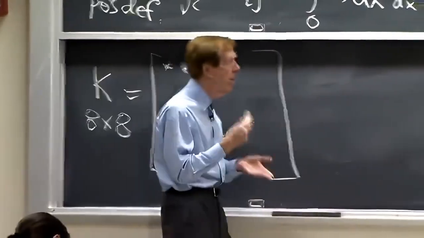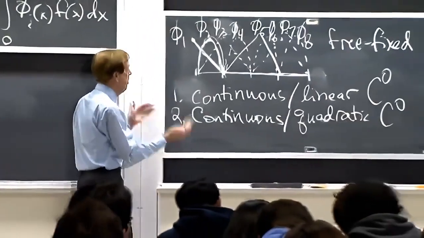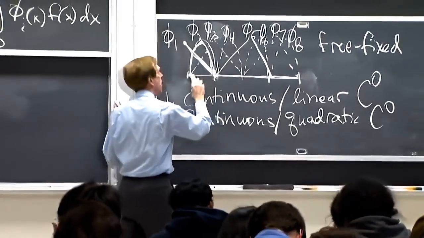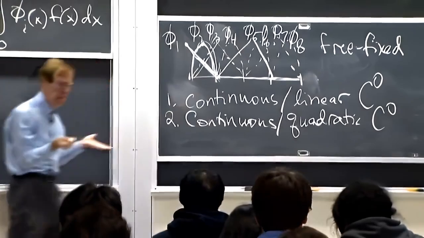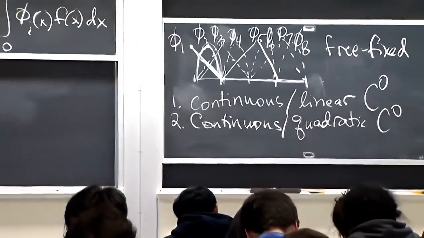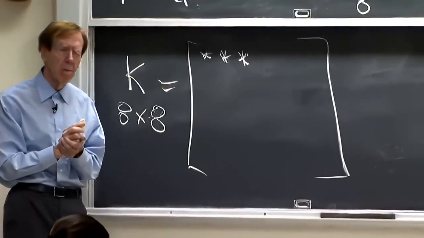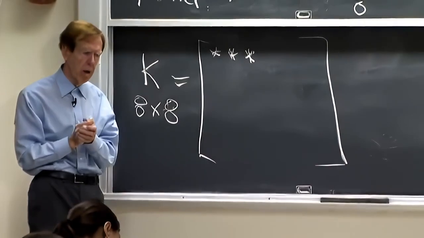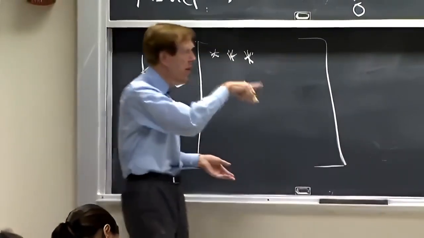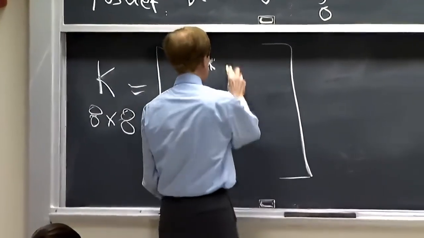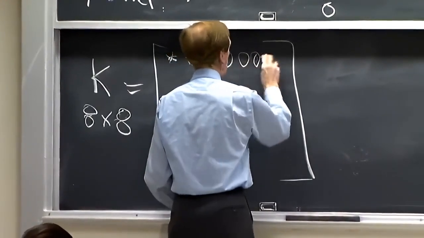What about K1,3? That's what we've done before. That's this one against this one. Yes, we expect a non-zero there. But then what will the rest of that row be? Zeros. Because that first half hat doesn't touch any of the others.